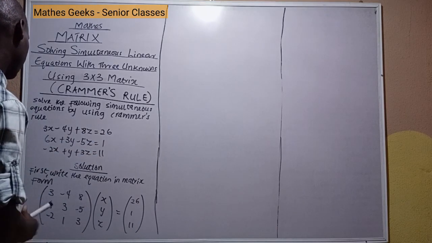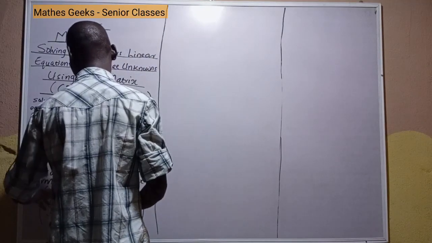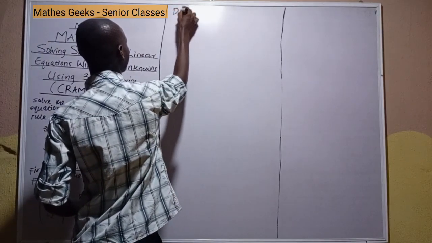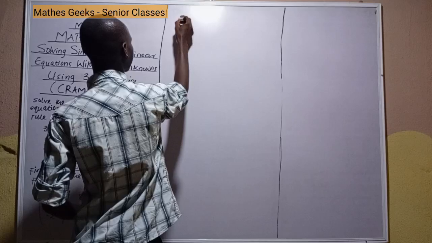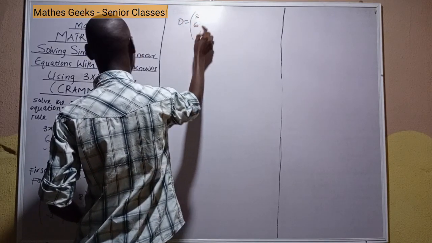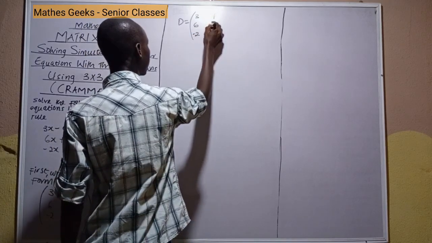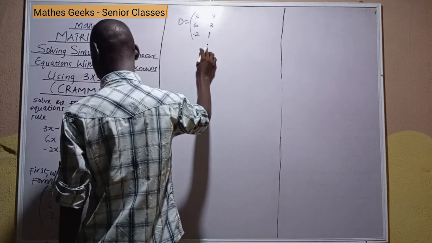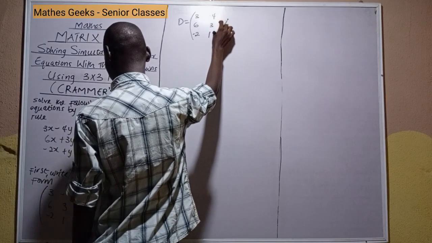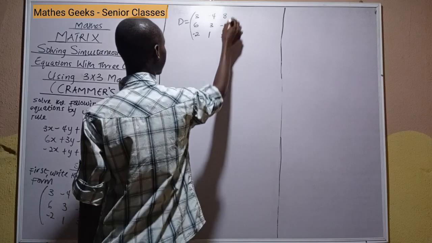The next thing I'm going to do is to get the determinant of this matrix. Let's call this the main matrix, so let's say D is equal to 3, 6, minus 2, minus 4, 3, 1, 1, 8, minus 5, 3.